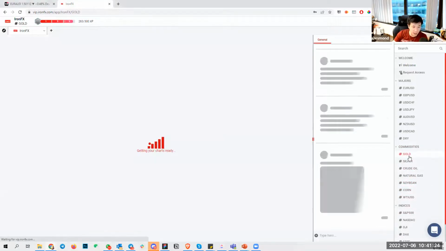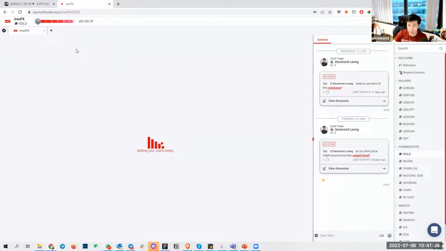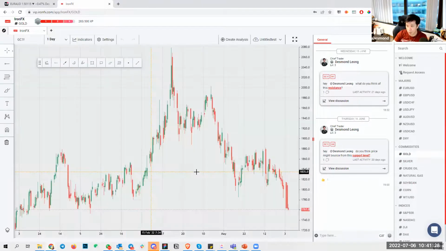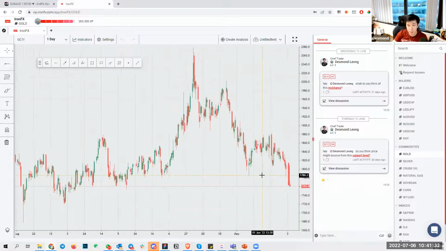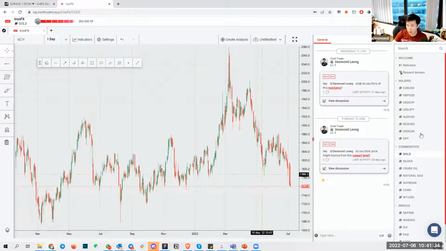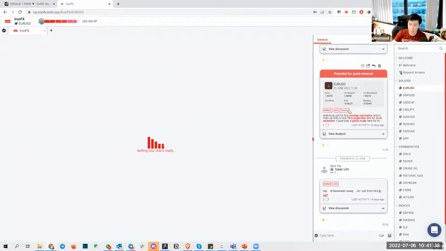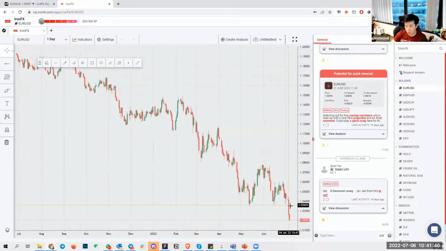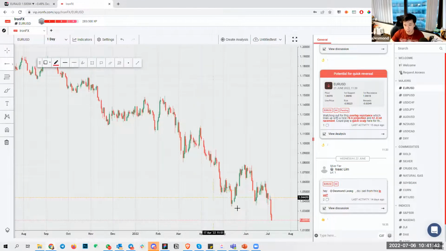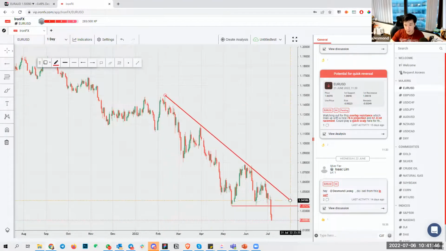When you register an account, you're able to ask me questions. So maybe you're looking at euro dollar and you're wondering, has this breakout happened, and is this a valid trend line?